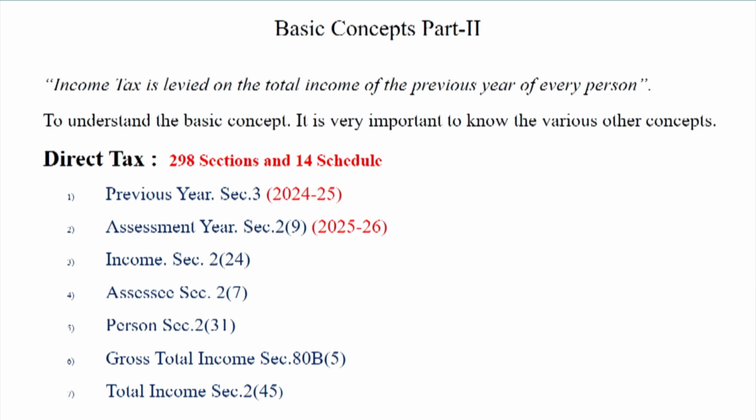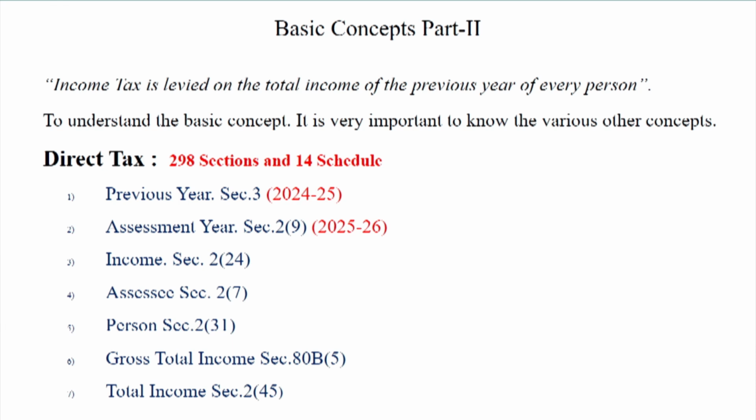First, income from salary. Section 15 to Section 17 refers to the income from salary. Second, Section 22 to Section 27 refers to the income from house property. Section 28 to Section 44ADA refers to the income from business and profession, PGBP, profit and gains from business and profession.